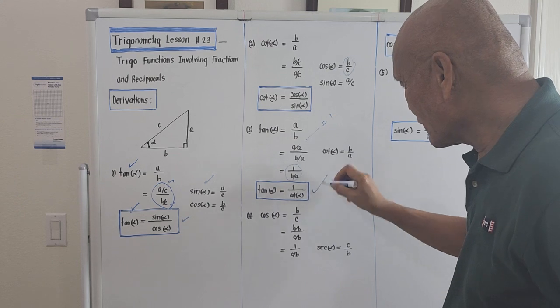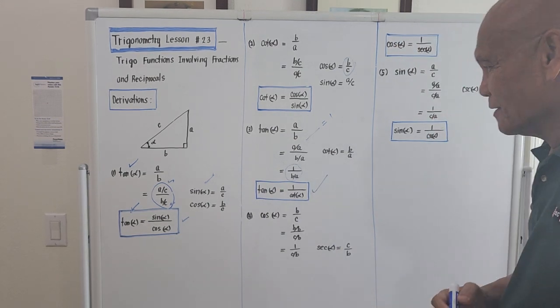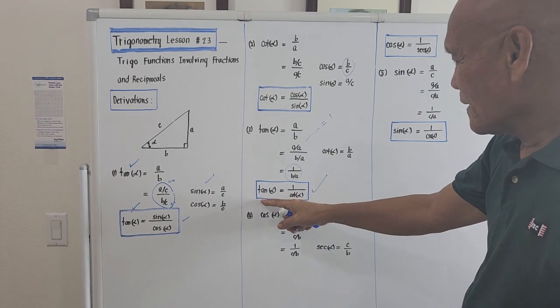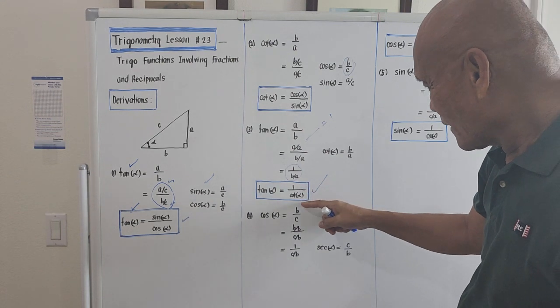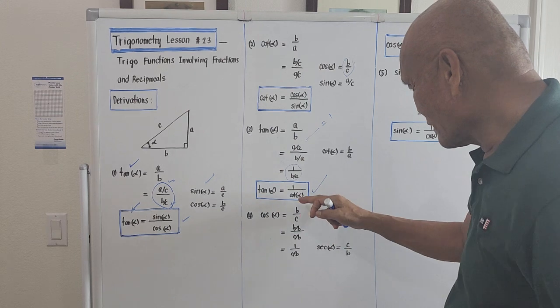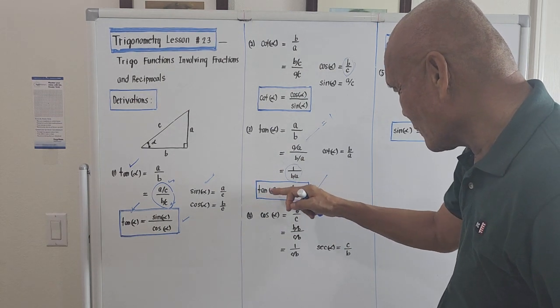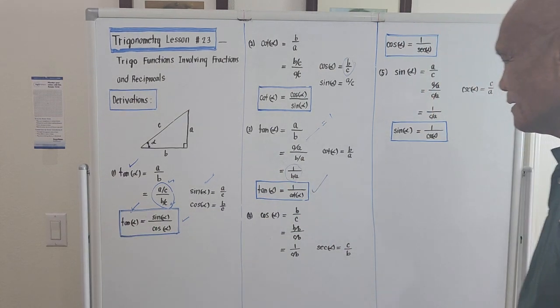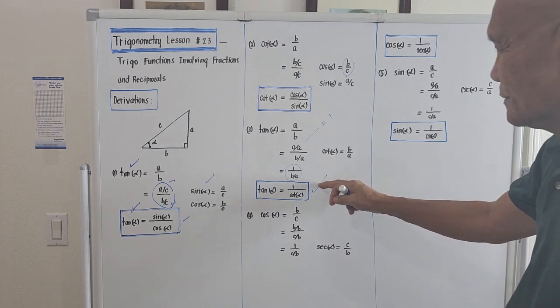Tangent and cotangent are actually reciprocals, right? So tangent of alpha is equal to 1 over cotangent of alpha, or if we interchange, cotangent of alpha is 1 over tangent of alpha. Okay? That's the third formula.